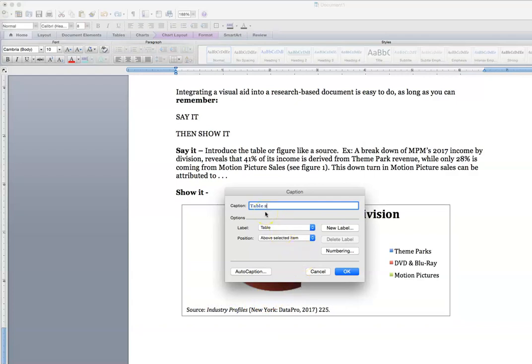It's thinking this is a table because it's going off what I previously did. I'm going to change this to figure. So now it's figure 1. This is my first figure. And I'm going to put income by division 2014 or 2018. I'm going to give it the same one.